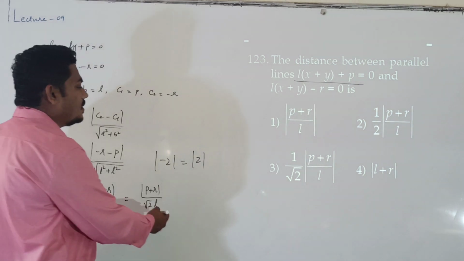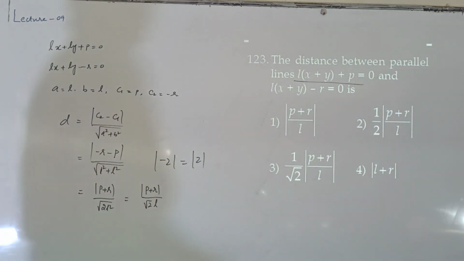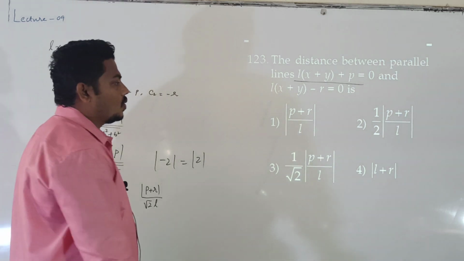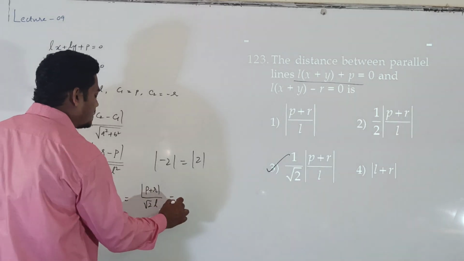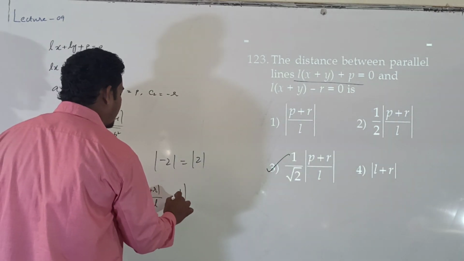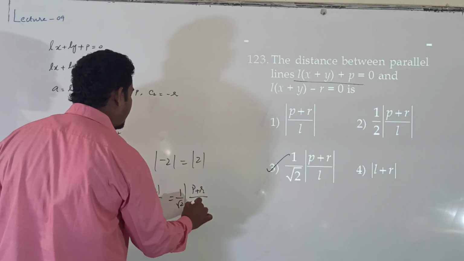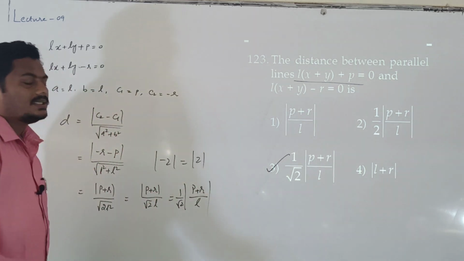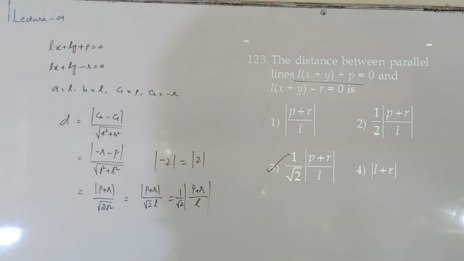We don't know what l is, so that is p plus r divided by l into 1 by root 2, that is the third option. Or else just rewrite it: modulus 1 divided by root 2 into p plus r divided by l, that is the third option. The distance between these two parallel lines is modulus of p plus r divided by l into 1 by root 2.